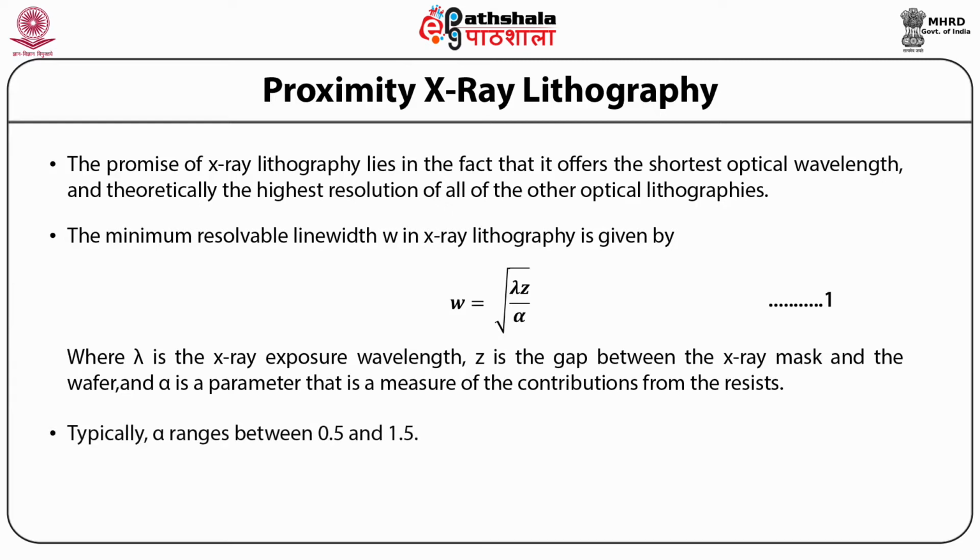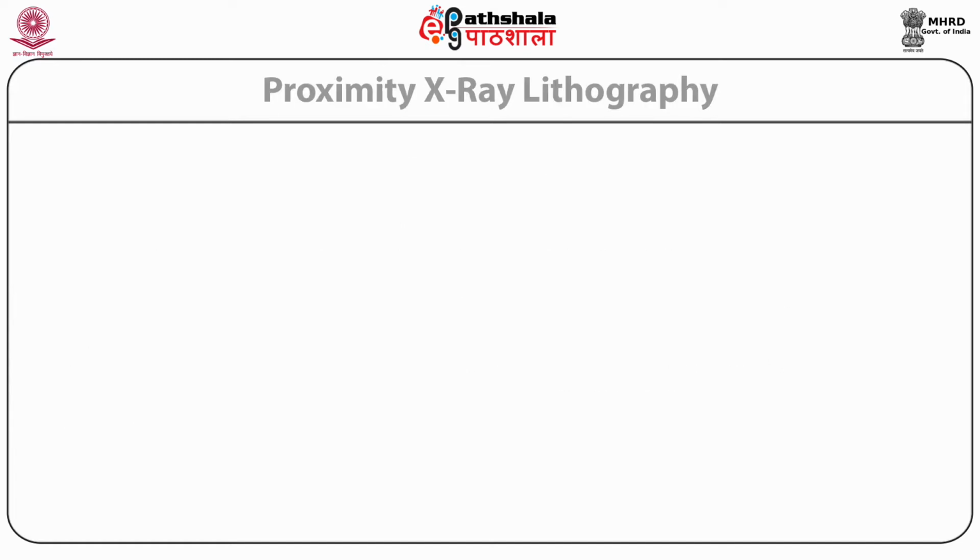Typically, alpha ranges between 0.5 and 1.5.